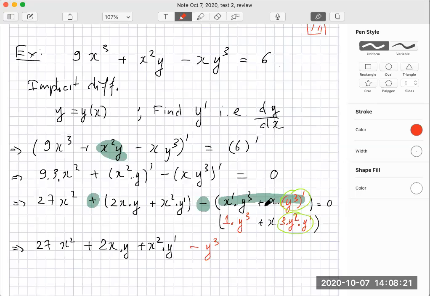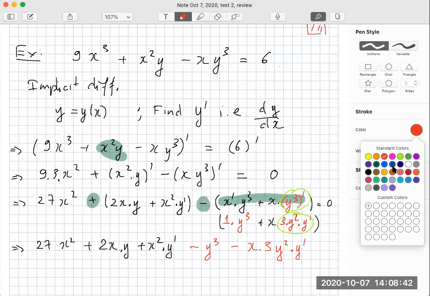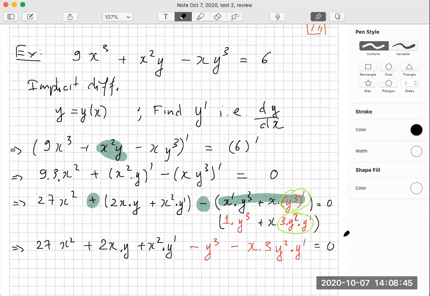And similarly, inside the parentheses, it was plus x times 3y squared y prime. When we remove the parentheses, we need to change its sign, so it becomes minus 3x y squared y prime. Okay, very good. When you try to skip steps, you may make a mistake in this position. You may forget the negative sign right here. So I recommend you do it step by step.